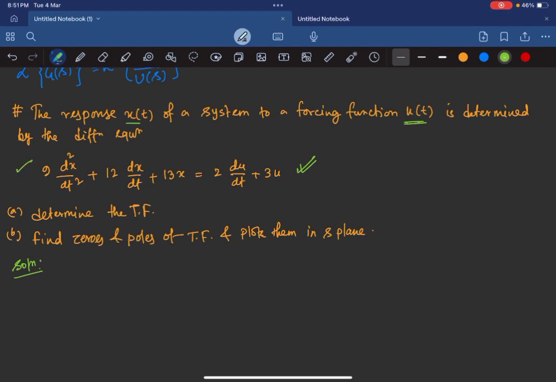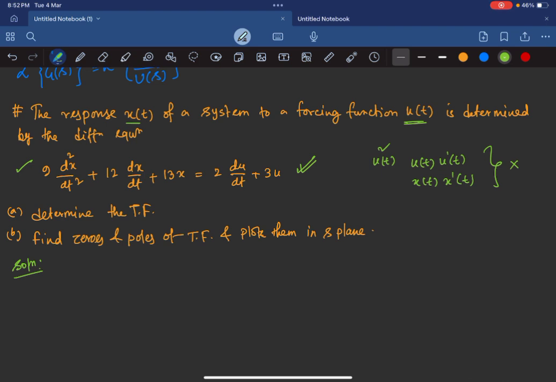Obviously this is linear, because no nonlinear terms, for example square or cube or product terms of x with its derivatives or u with its derivatives, are present. These are missing terms, meaning terms like u(t) squared, or u(t) u'(t), or x(t) x'(t) are not here. So that's why it is linear.